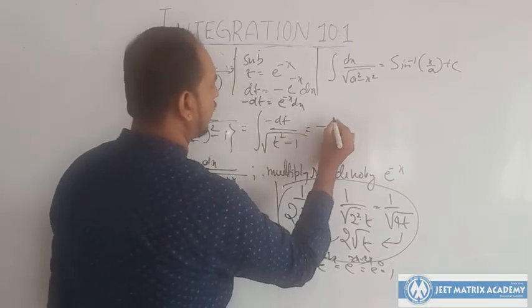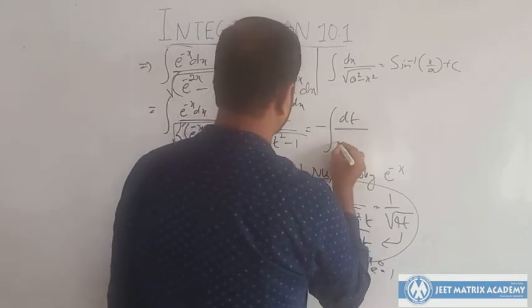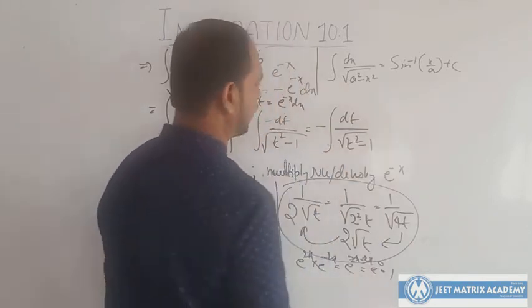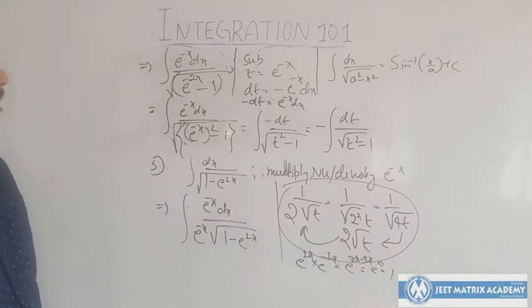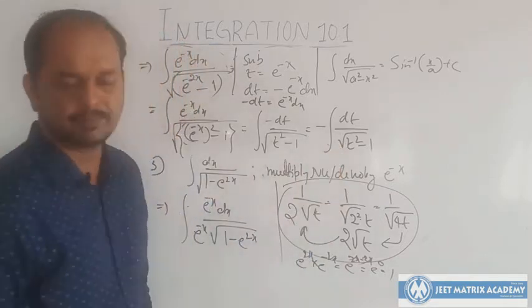Now again I can take the minus sign outside, root of t squared minus 1.